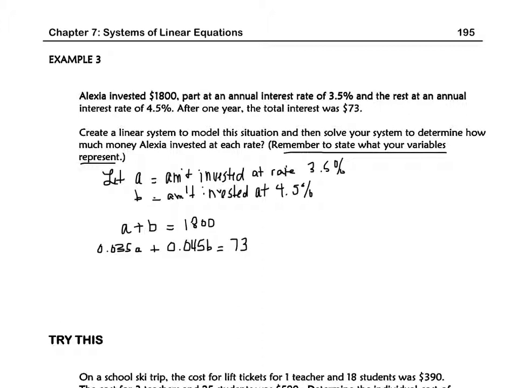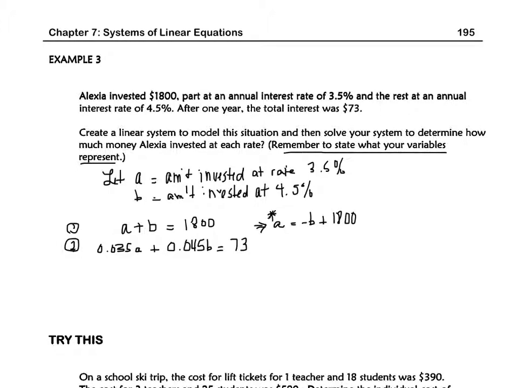So if these represent our linear system for this information, and we're going to use substitution, I would rewrite the first equation for A or B. It would be pretty easy to do either one. So if I choose A would equal negative B plus 1,800.